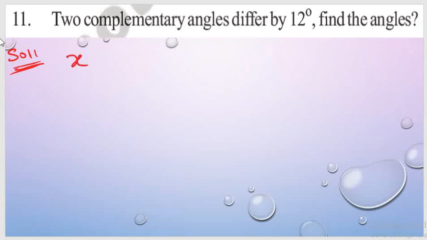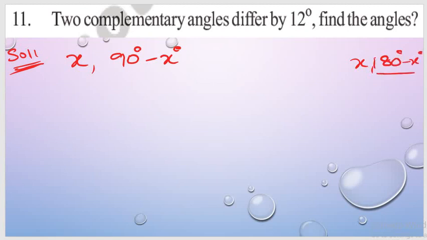If an angle is x, then the other angle is 90 degrees minus x. So if one angle is x, then 90 minus x is its complementary angle. The same way here itself we are going to learn one more. So if one angle is x and 180 minus x is its supplementary angle, so we call this supplementary.